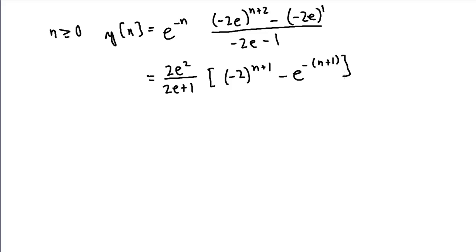And this is valid for all n greater than or equal to 0, so I can just multiply by a unit step to get a solution that's valid for all n, because the unit step is 1 for n greater than or equal to 0, so this is just multiplied by 1. For n negative, it would be multiplied by 0.